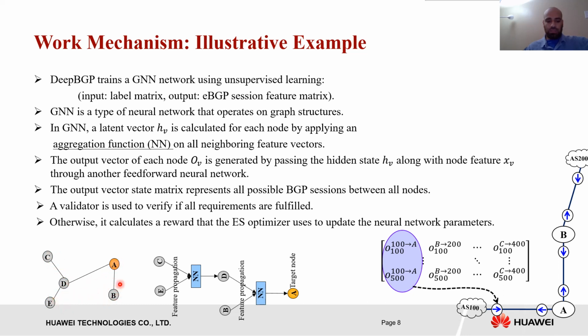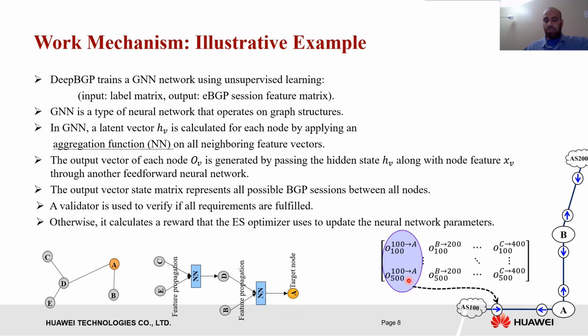For example, as we can see in this figure, to generate the feature of node A, we aggregate the features of nodes C and E to get the information of node D. The features of C and E are the input for the neural network, which generates the feature of node D. The same for D and B: they are forwarded to a neural network, and this neural network generates the feature of the target node, which is node A.